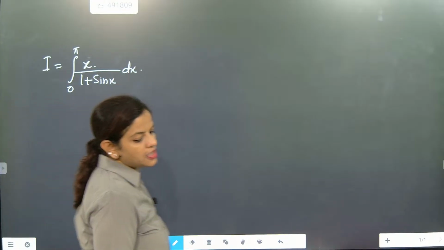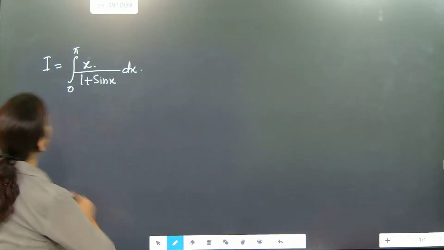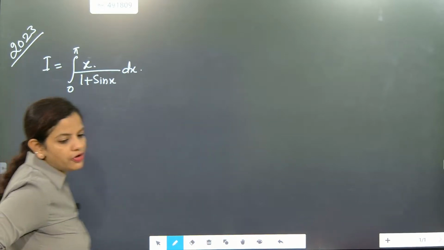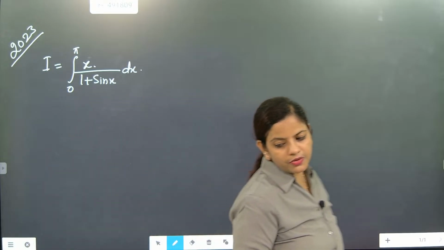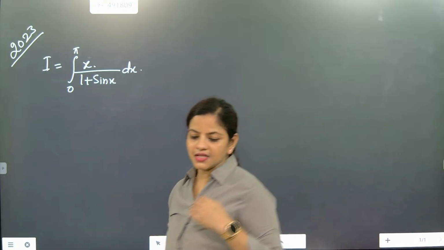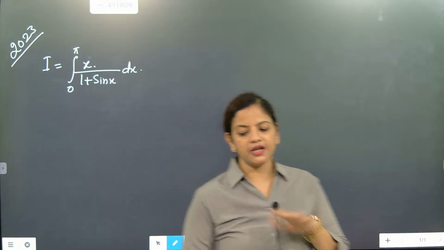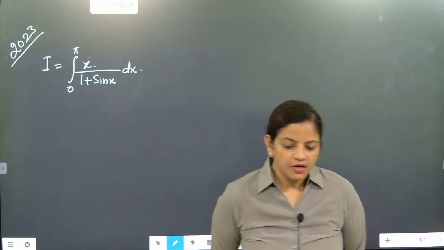Try this question. Last time it came in 2023. So 100% it's a good question for you. 2019, 2022, 2023. So nicely, the symmetric property points are coming again and again. So please solve this question. Try this question, beta.